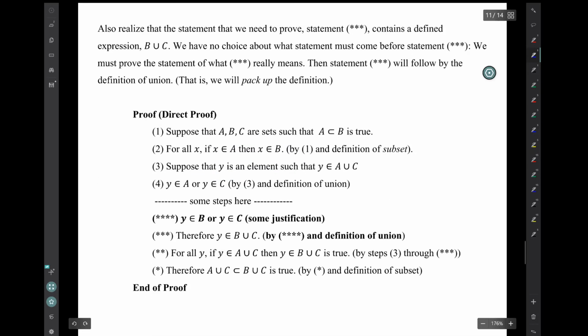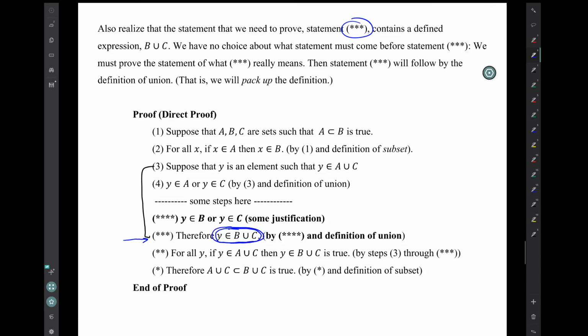And also realize that in our little mini direct proof frame, we had in statement triple asterisk this defined expression, y is an element of B union C. Now that's an abbreviated symbol. We want to be able to say that that statement, triple asterisk, is true. Well, the only way to get to that point where we can say that that statement is true is if we have previously proven that what this thing really means is true.